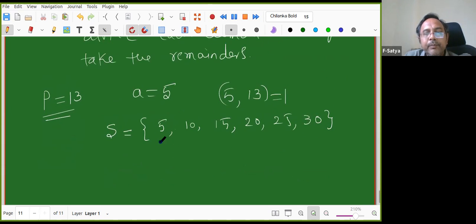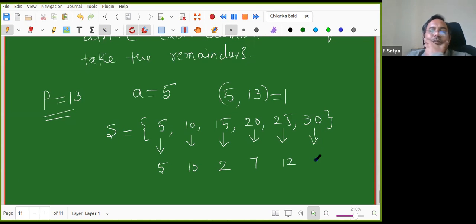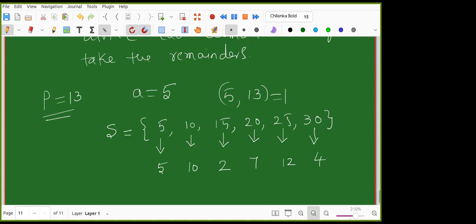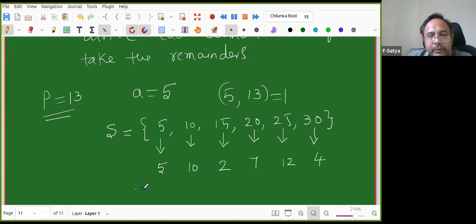What I'll do is divide all of these by 13 and take the remainders. So this is 5. Divide this by 13, the remainder is 10. This by 13, the remainder is 2. Divide this by 13, the remainder is 7. The remainder is 12. The remainder is 4. Write them in order.